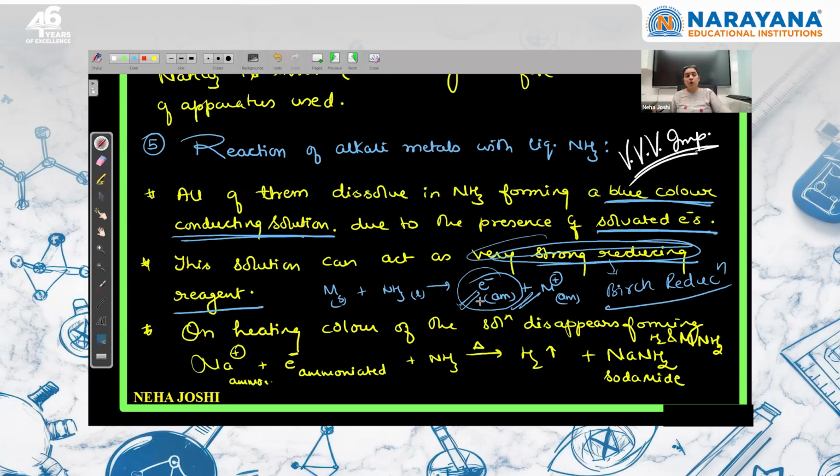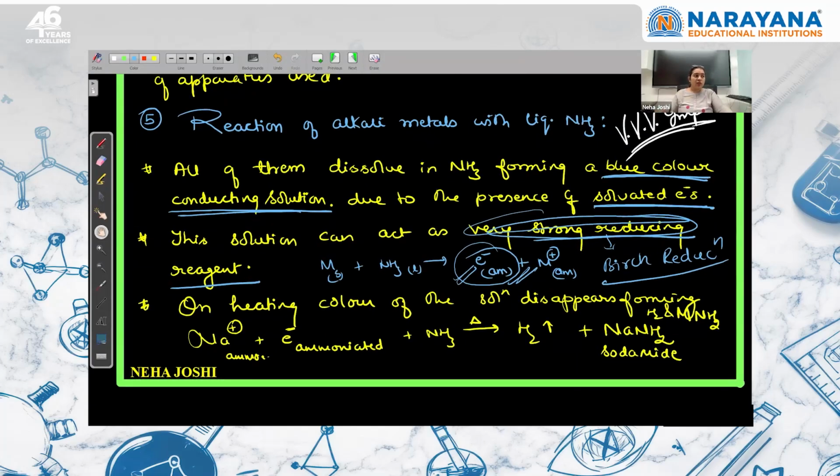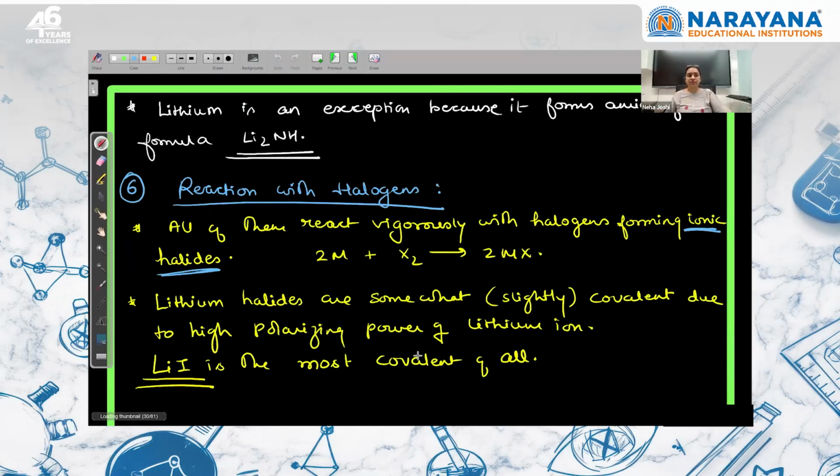But yes, if you leave this solution, do not use it for reduction, or you start heating it, then these ammoniated electrons react with ammonia. Hydrogen is released from here, and NaNH2 is formed. Okay, these start reducing H plus of ammonia itself if you do not consume them for some other reduction.